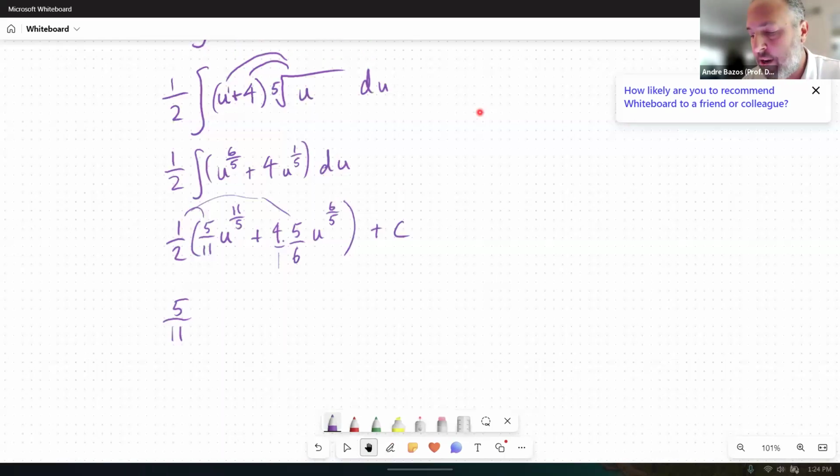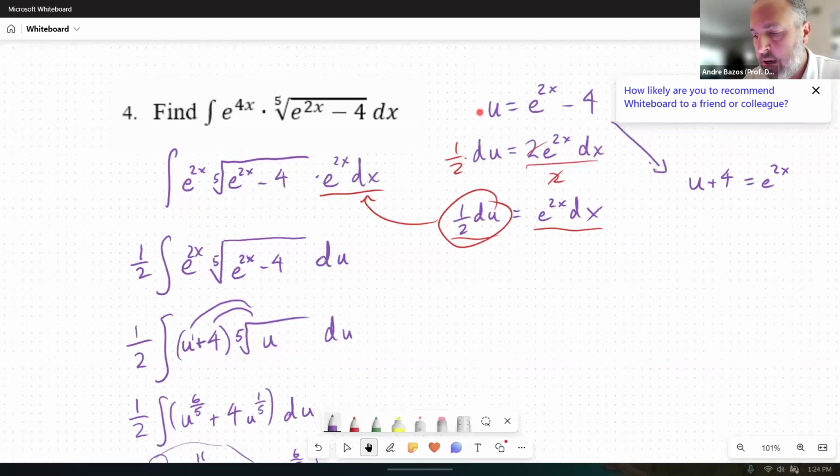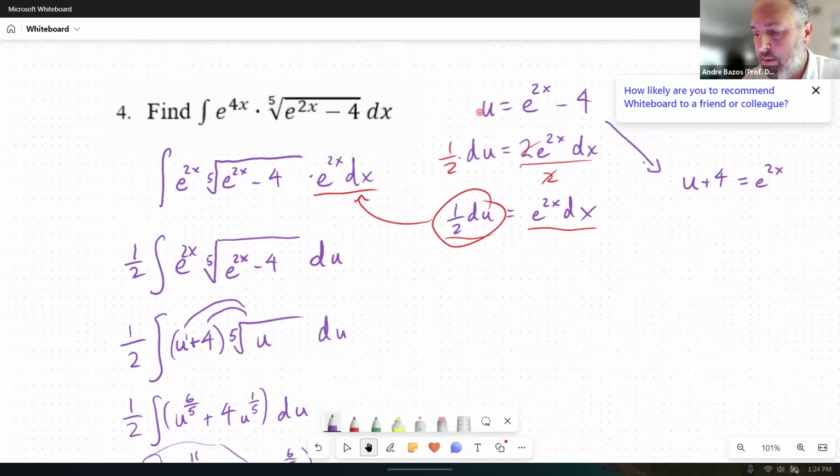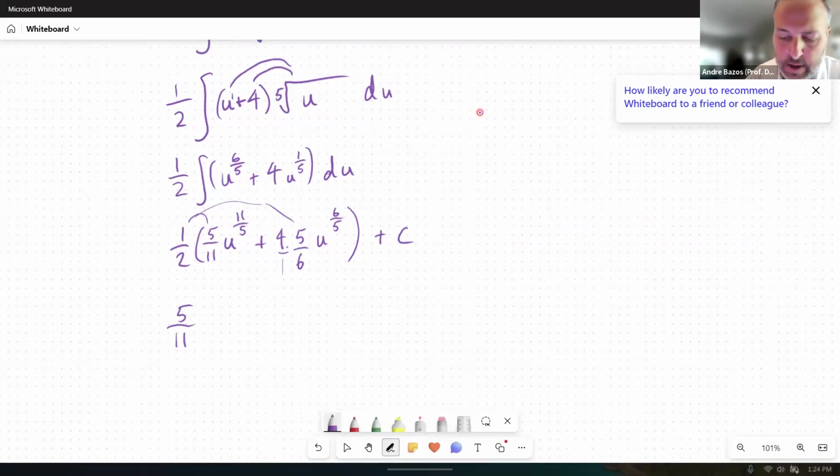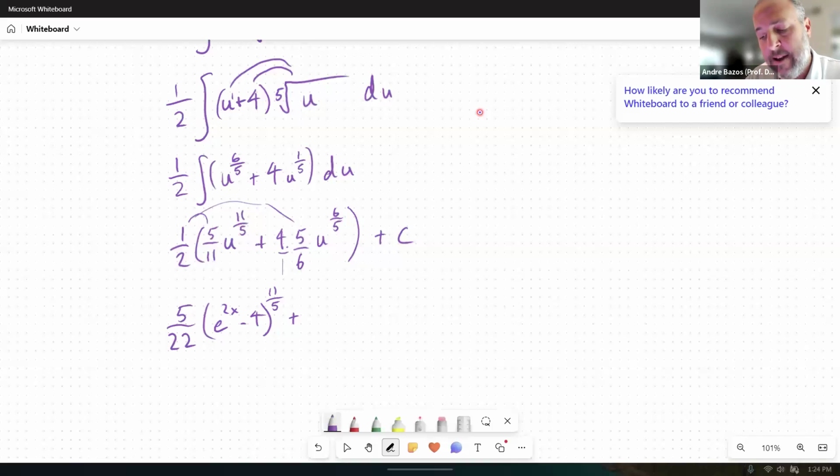I got 5/11. Let's go ahead and throw in u. What is u? u is e to the 2x minus 4. So I'm multiplying by 1/2, and I get 5/22 times e to the 2x minus 4, all raised to the 11/5 power. I'm not going to change that to radical because that is kind of ugly.